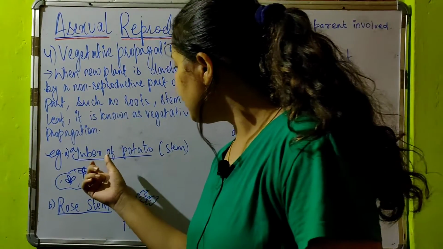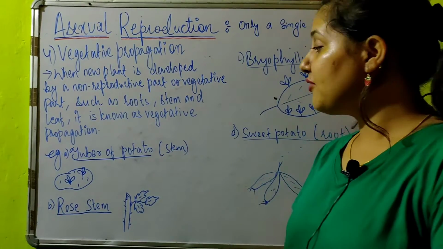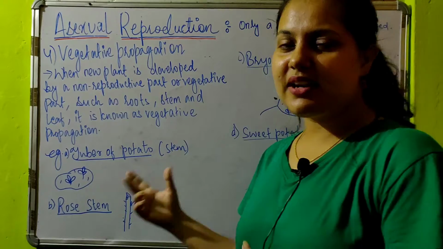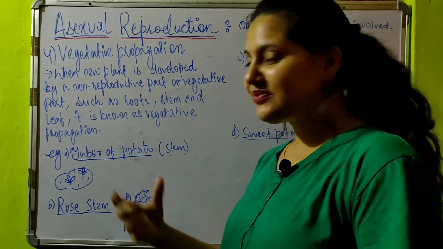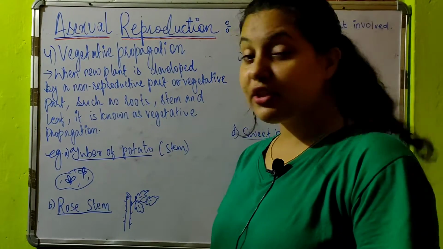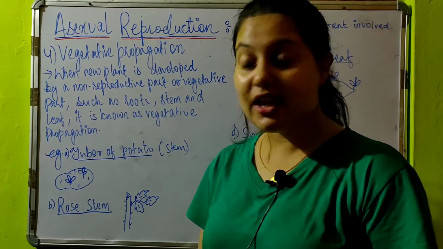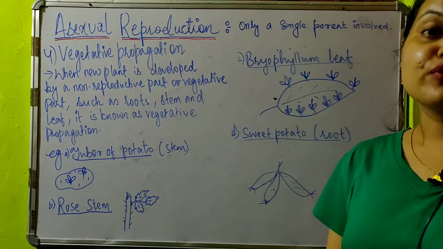Now you see in case of stem, we have two examples. There are more examples but I have provided two. With the stem, there are two examples given here: one is potato and another is a rose plant.